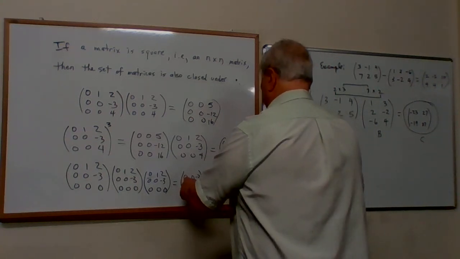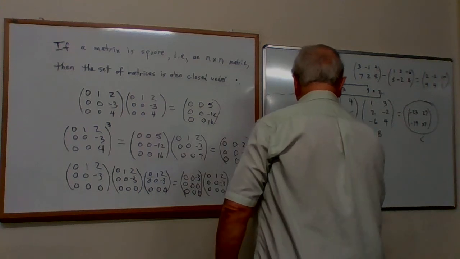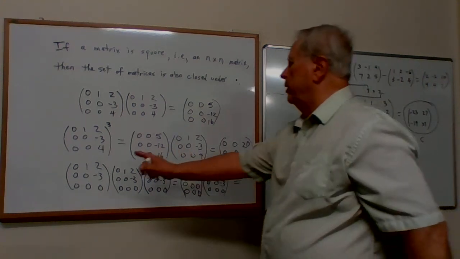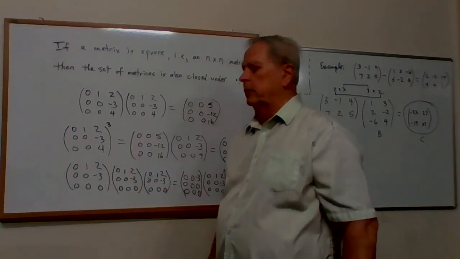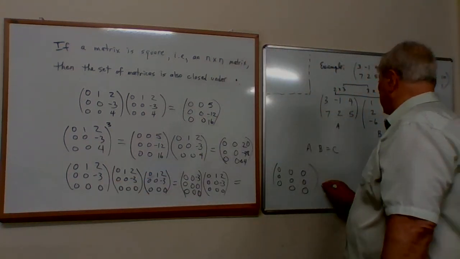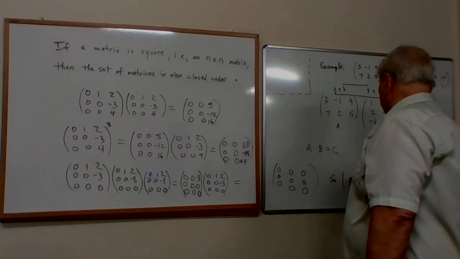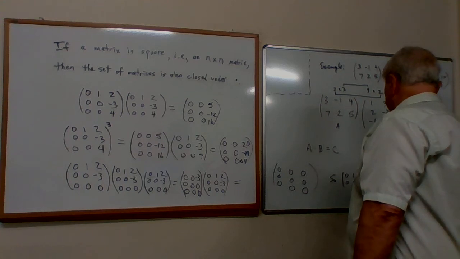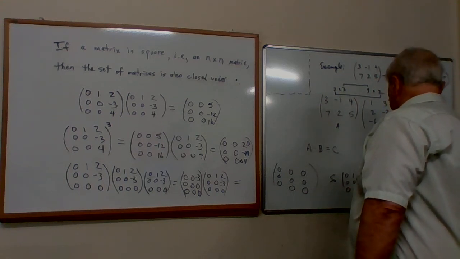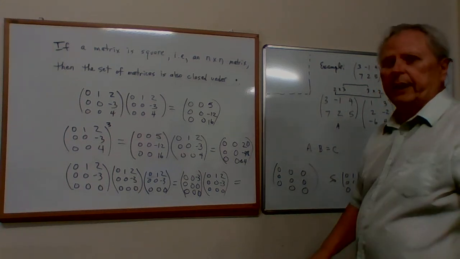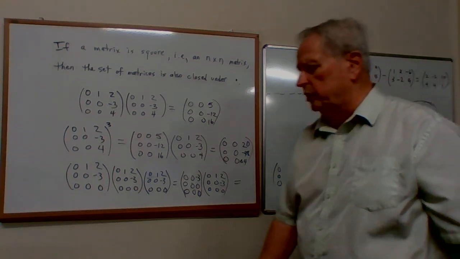And I get 0, 0, 0 in the third column. And so this matrix cubed is the 0 matrix. So 0, 1, 2, 0, 0, negative 3, 0, 0, 0 cubed is the 0 matrix, which I'm going to designate by a big 0 with parentheses around it.